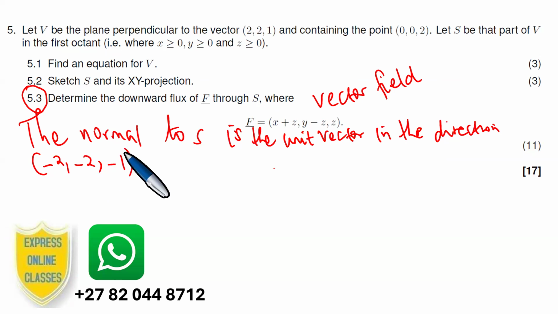We're saying the normal to S is the unit vector in the direction of this. That will be a normal to S.